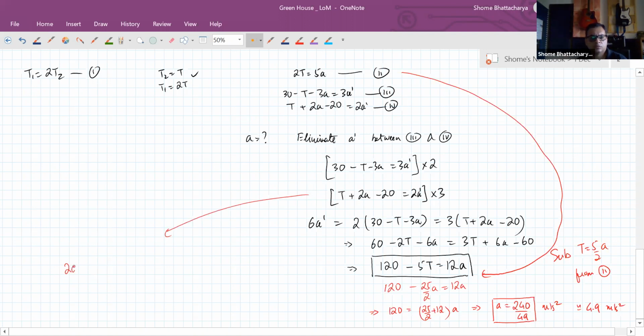So 2A prime is equal to T plus 2A minus 20. So that means 2A prime is equal to 5 by 2A plus 2A minus 20.